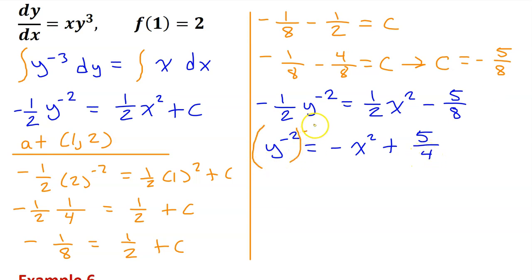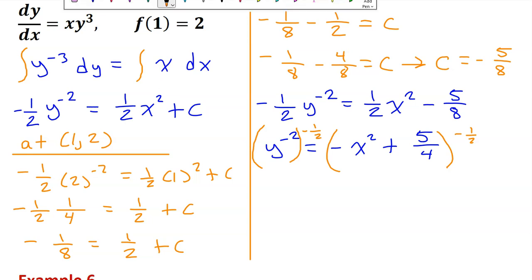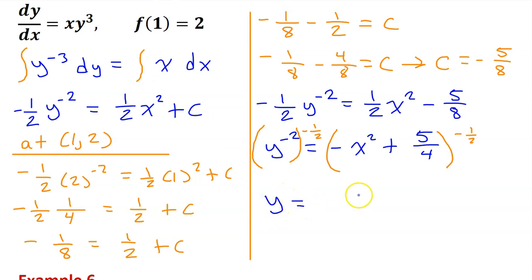In order to cancel out the negative 2, we need to raise both sides of the equation to the negative 1/2 power. When you raise a power to a power, you multiply, and negative 2 times negative 1/2 makes 1. So those cancel out, and on the left-hand side, we just have the y.